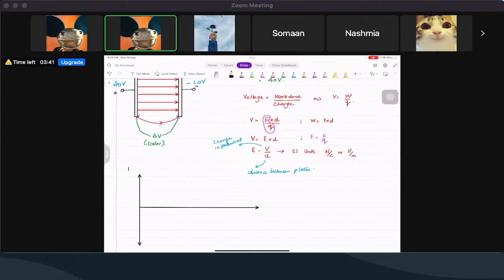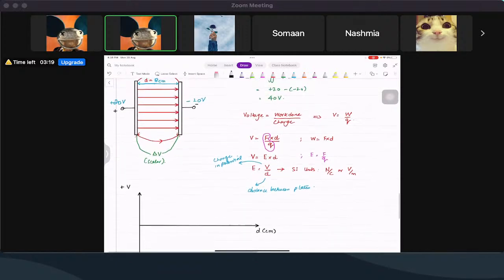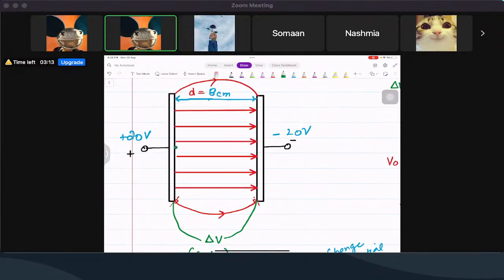We got electric field strength, we got voltage positive, voltage negative, we got D in centimeters or meters, whatever it is, it doesn't really matter, but right now I'm taking centimeters. So if you look at the point just on this plate, at this point the potential is equal to plus 20, and at this point the potential is equal to minus 20 after traveling the whole plate, right?